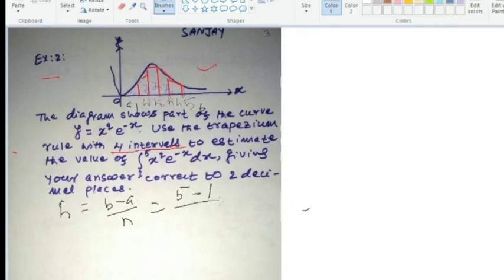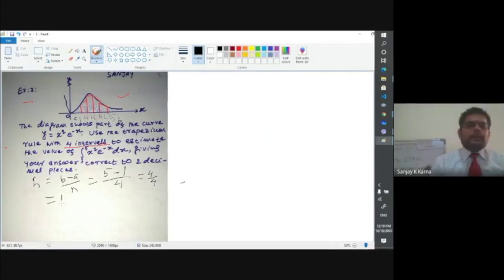Then you divide this by n, the number of strips, which is 1, 2, 3, 4. So there are 4, and the question also says there should be 4 intervals, so we divide by 4. So it is 4 divided by 4, which is 1.